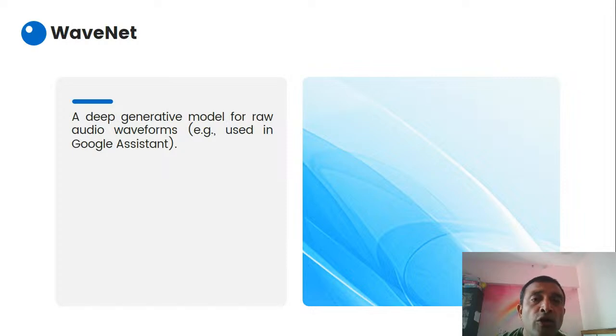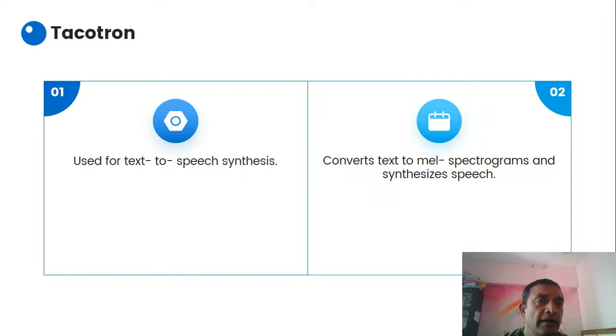There are many other applications and tools which help particularly with audio generation. WaveNet is a deep generative model for raw audio waveforms, used in Google Assistant, right? So you can understand that I am also giving you applications built for these scenarios. WaveNet is one of those models.